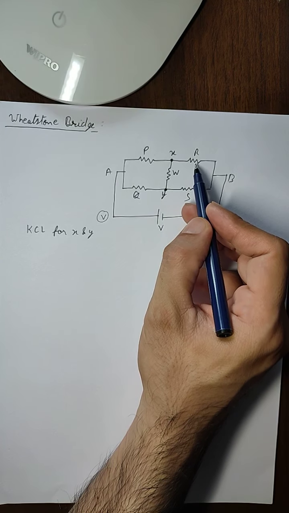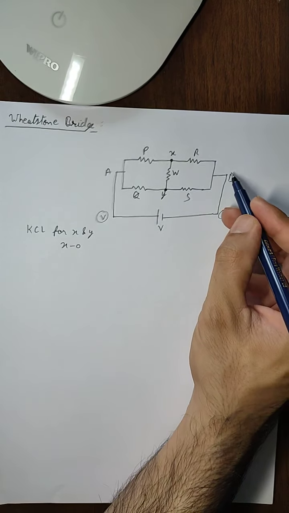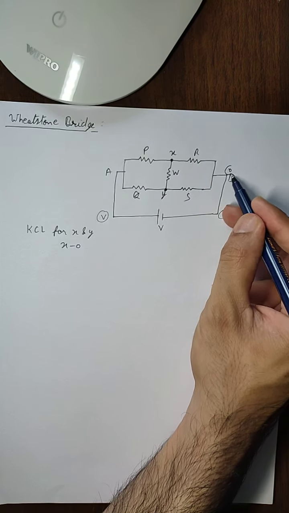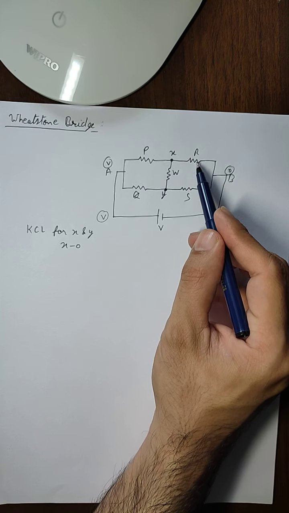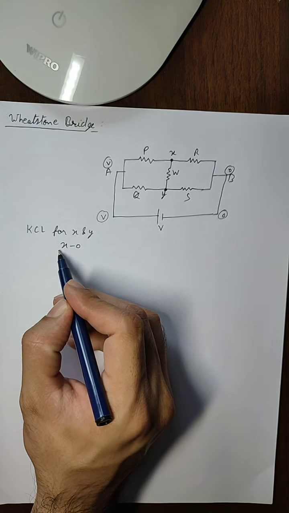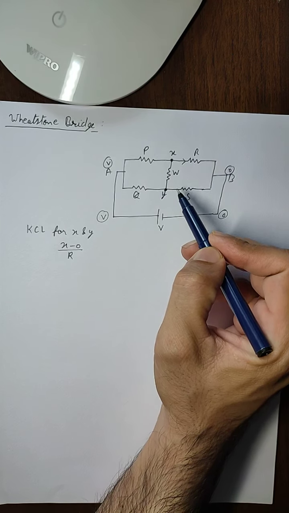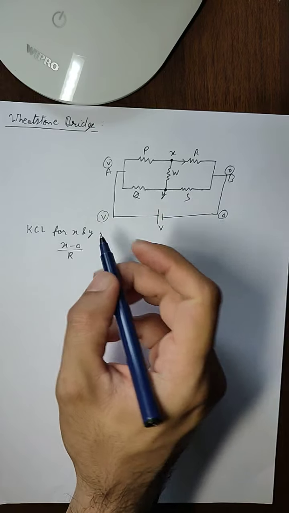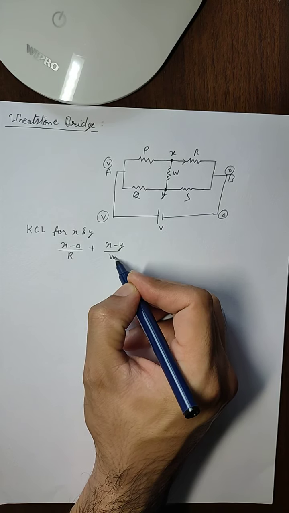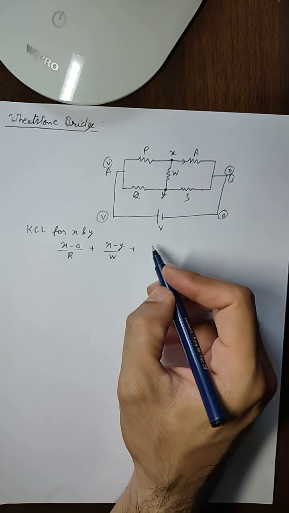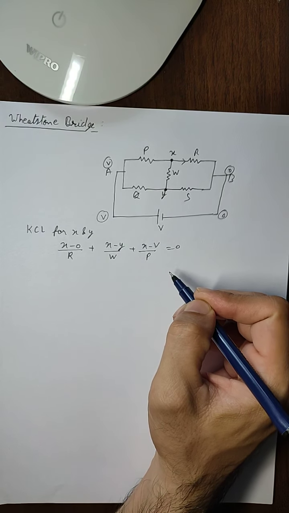Through R the current will be equal to the potential difference across R, which is X minus 0, because here this potential is 0 and here the potential is V. So the potential difference across R will be X minus 0, and if we divide by the value of the resistance, that would give us the current flowing through this branch. Similarly, in this branch the current will be X minus Y divided by W, and towards P the current will be X minus V divided by P, and this should be equal to 0.